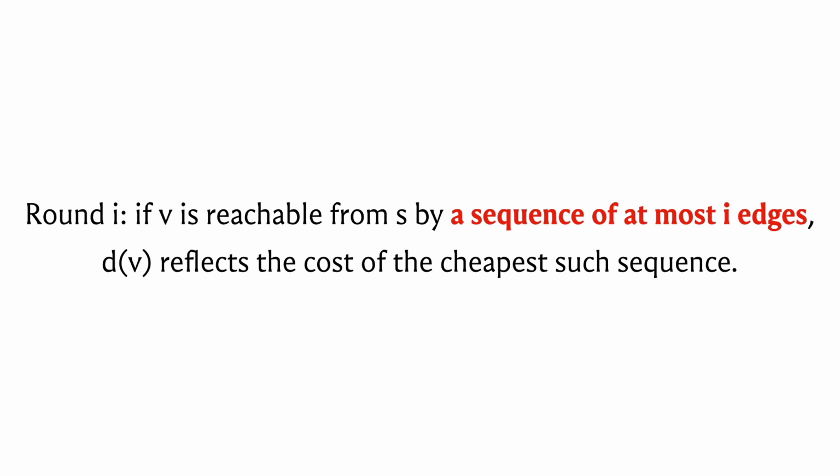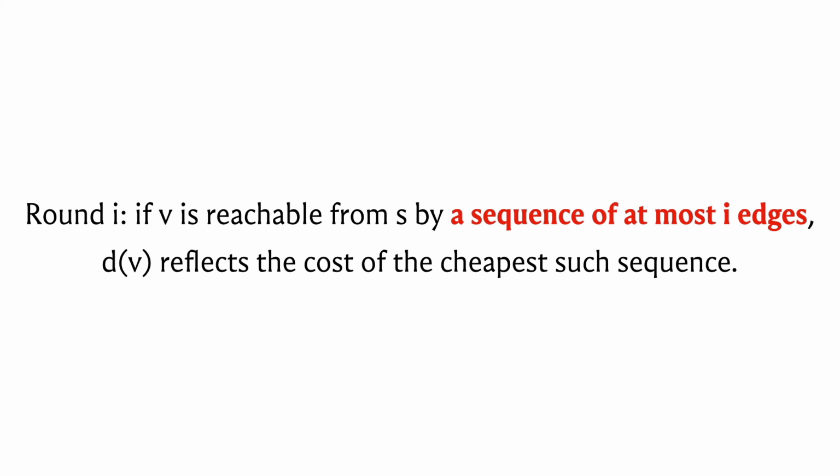So among all paths that have length at most i, the value in the distance array is going to be the cost of the cheapest such path, or the shortest such path. So that's the claim, and that's what happens at the end of the ith round.